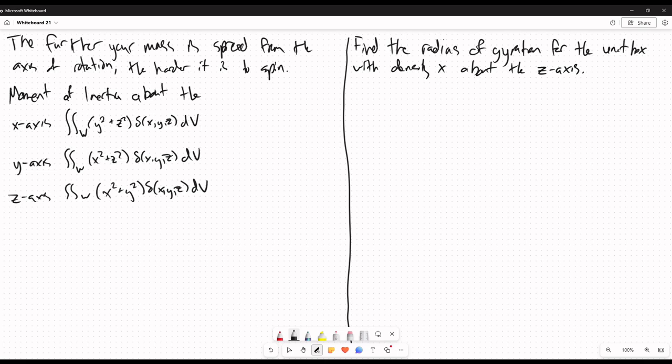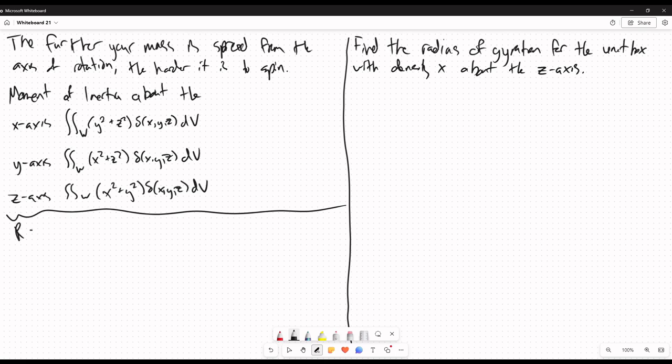Like we used the first moment, or the moment that we looked at earlier, to find the center of mass, we can use this to find what we call the radius of gyration.